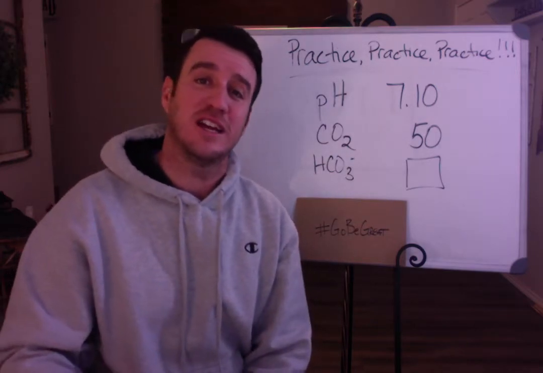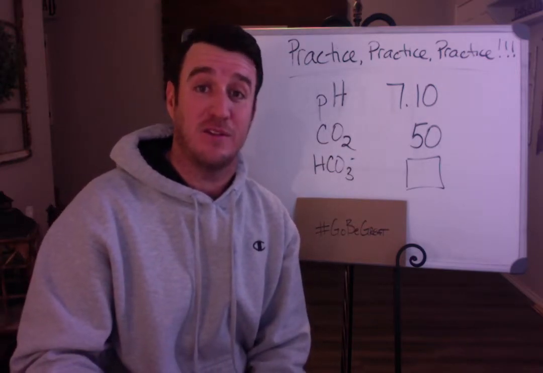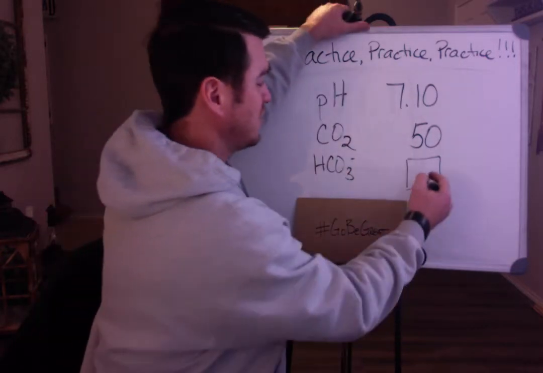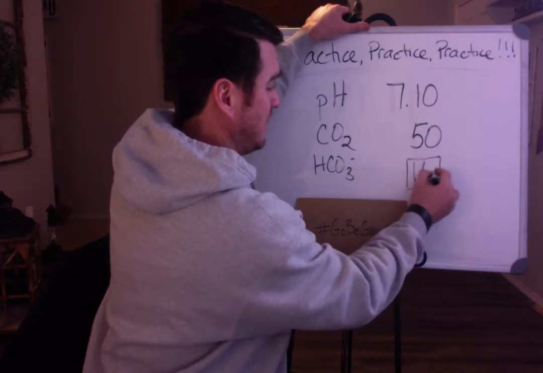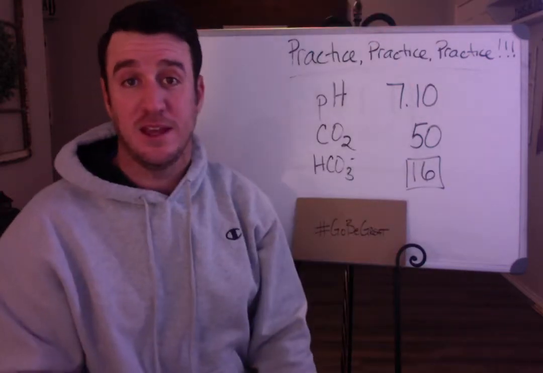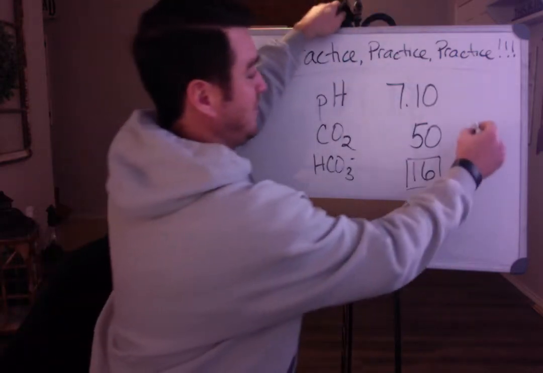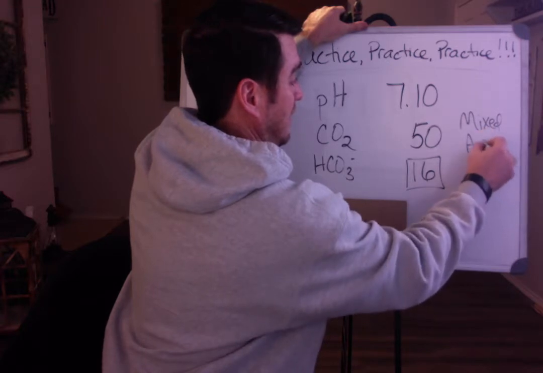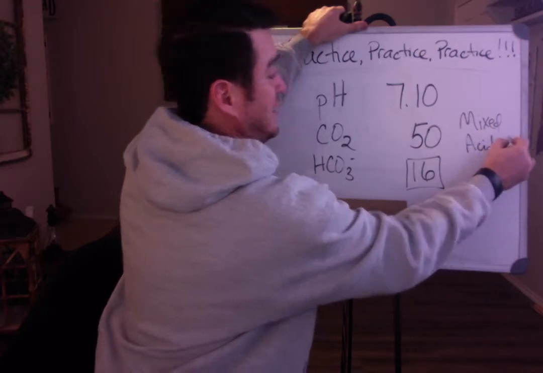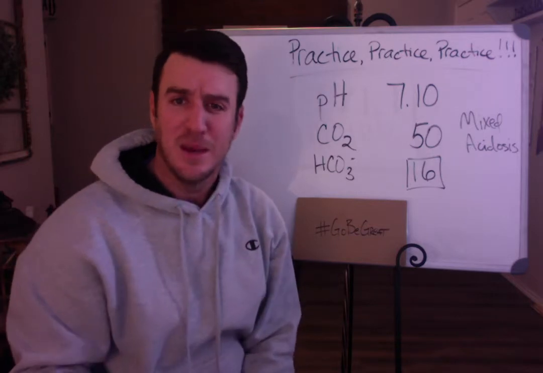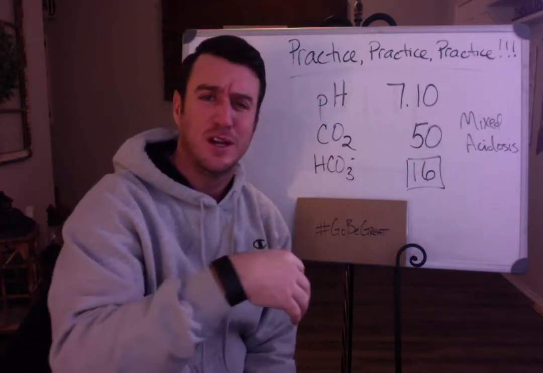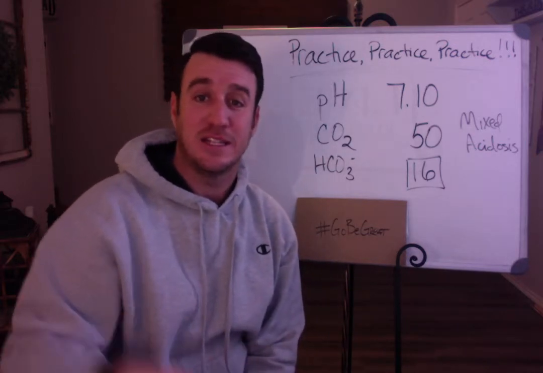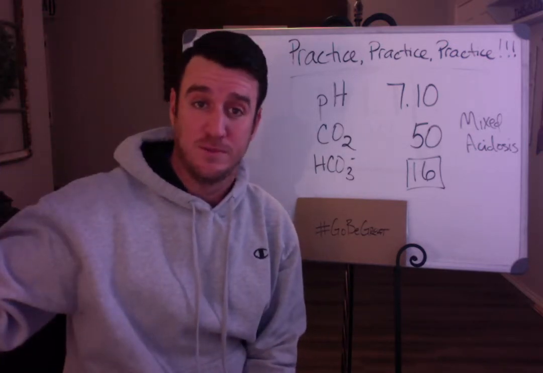So you have to understand in this case that you also are going to have a metabolic disturbance also causing an acidosis. So let's say our bicarb is 16. And in this case, you have a mixed acidosis, okay? Because the pH is way too low to just be caused by a CO2 that's 5 millimeters of mercury outside of normal, okay?